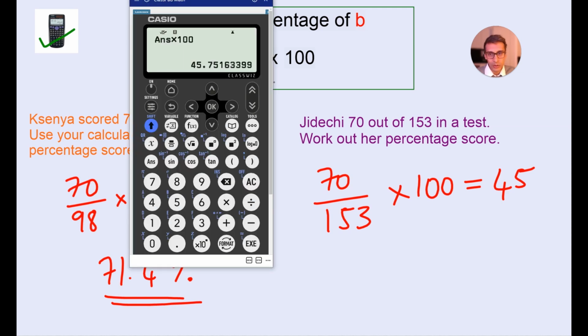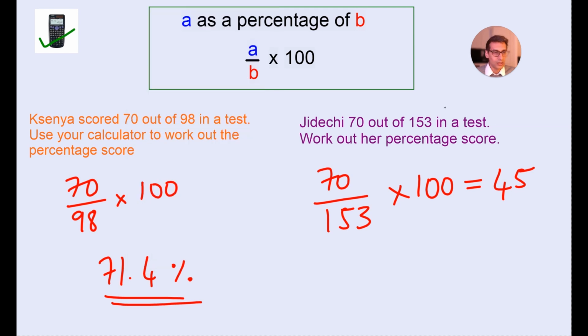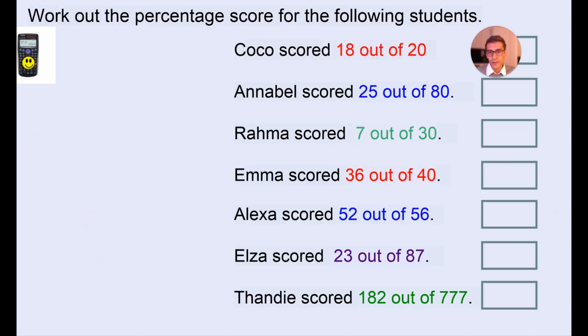Let's round it to 1 decimal place. So it's 45.8%. That's our answer. So you can use this method, copy this down into your books if you need to make a note of it. You're now going to practice this exercise here using your calculator.